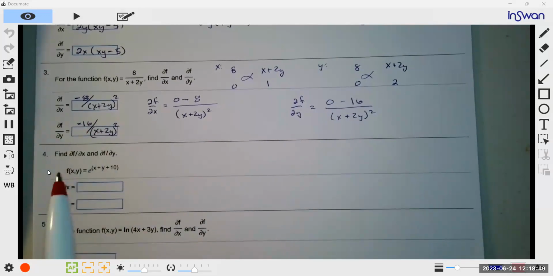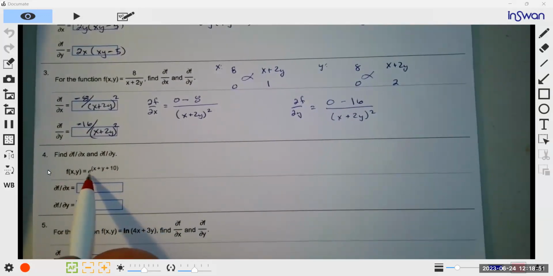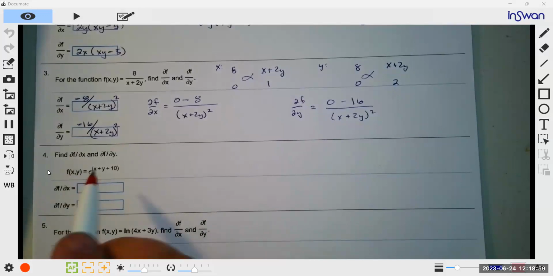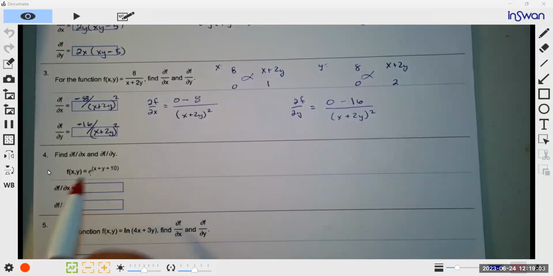Number 4, find the partial with respect to this one. Okay, this one's going to take some thinking because remember, the derivative of e to a power is just the exponent's derivative times e to that power.